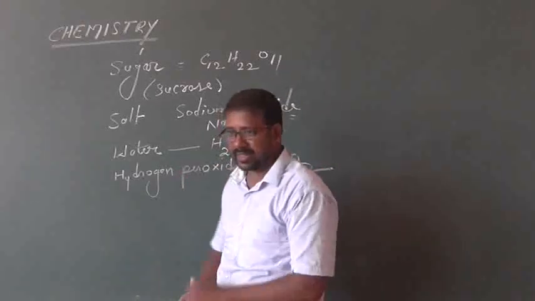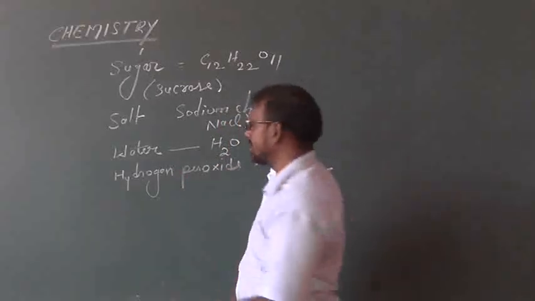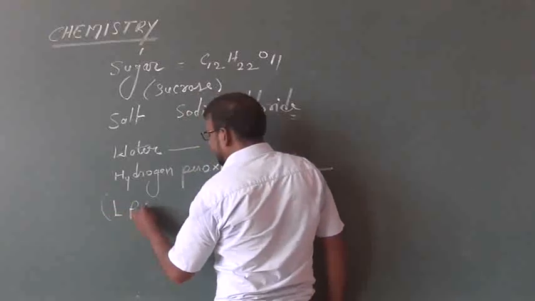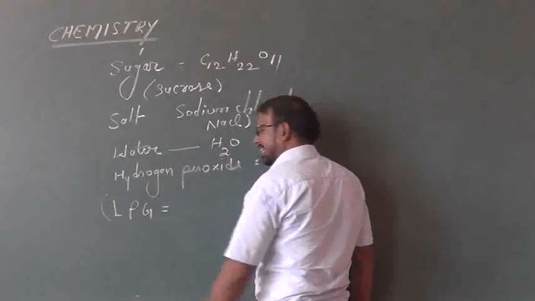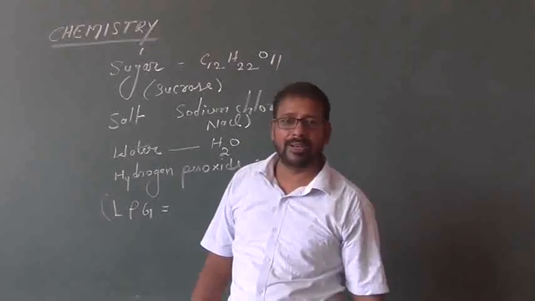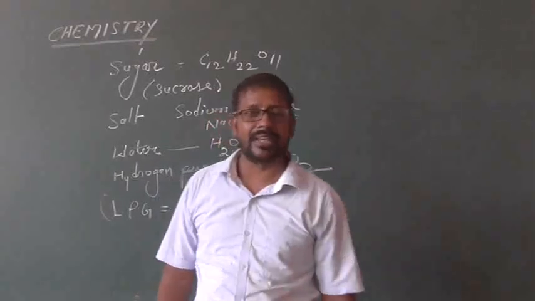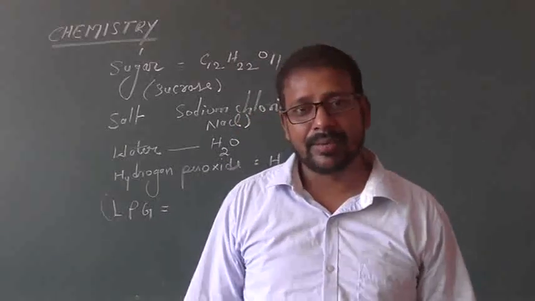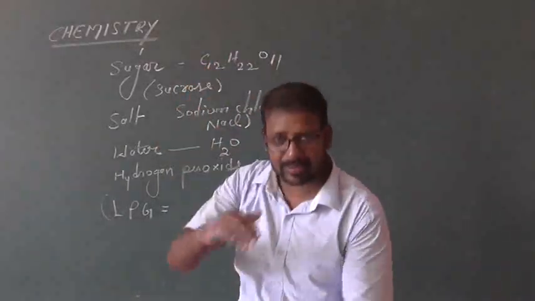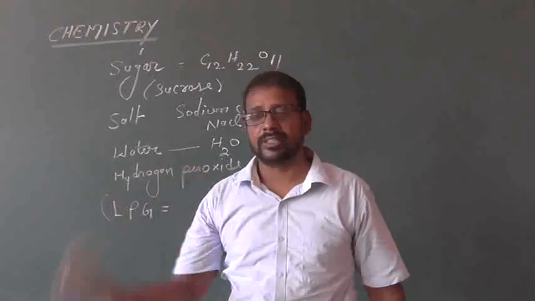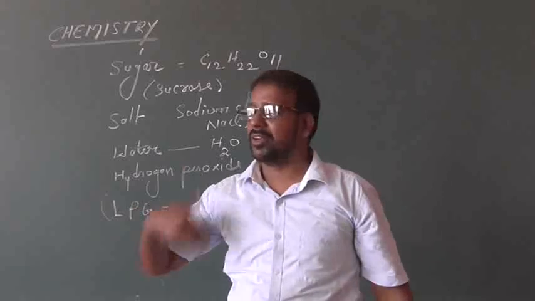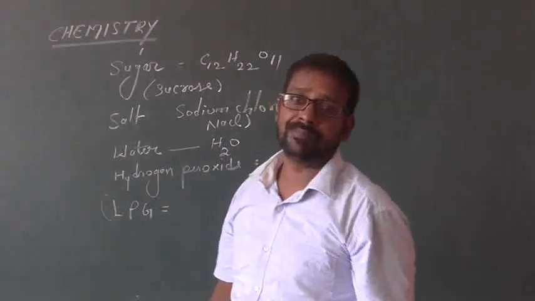This is the water. Again, one more thing is LPG, liquefied petroleum gas. When gas is compressed, it will be converted into liquid, and on further compression it will be converted into solid form.